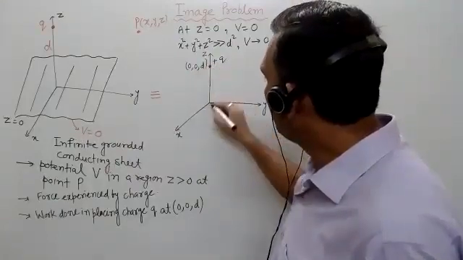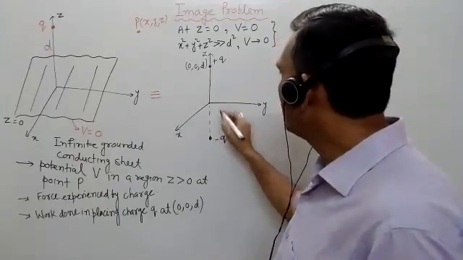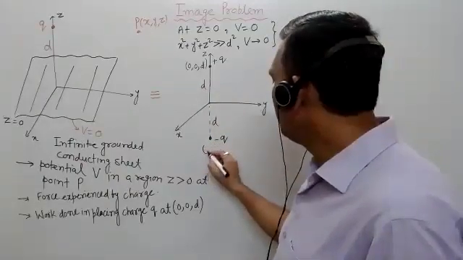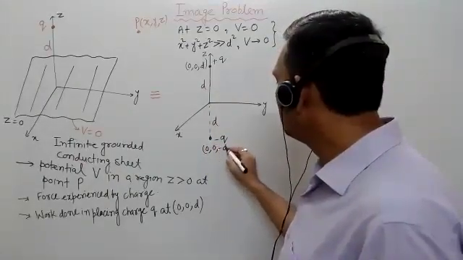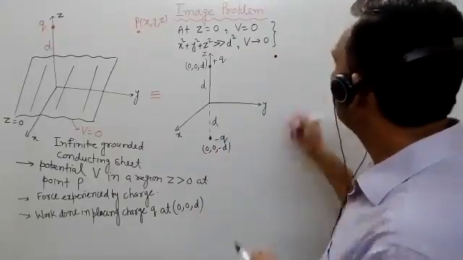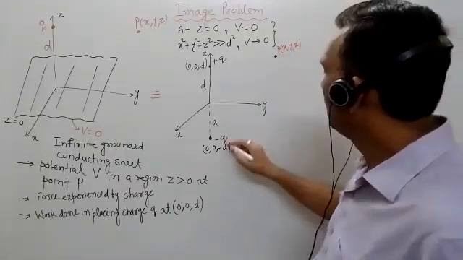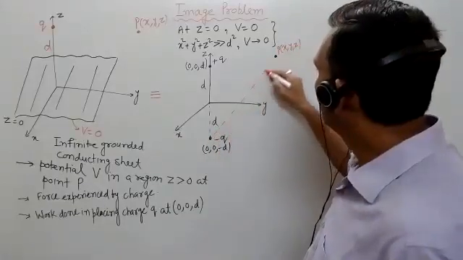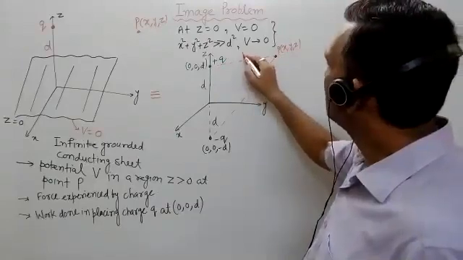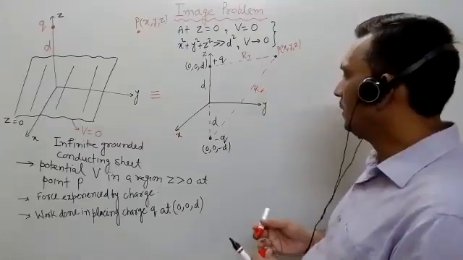Now replace the conducting sheet and consider minus q charge at the same distance d. So this coordinate will be 0, 0, minus d. And you have point P here. Let us take this point P as x, y, z, and then write the potential at this point. Let us take this distance as r plus, and this as r minus.